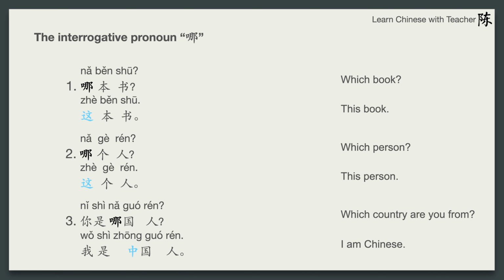The word order of asking a question with 哪 is the same as when you ask a question with 什么 what, 吗 yes or no question, and 谁 who. The word order of the question is always like it is in a declarative sentence. You just replace the part that you want to ask by 哪, then it's a question. It's pretty simple, right? Let's continue.